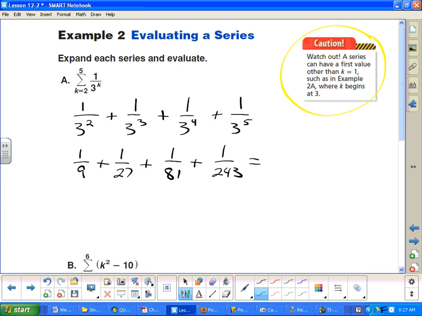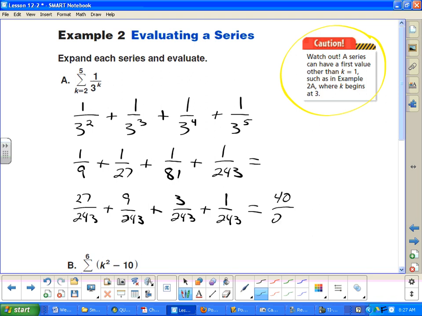Unless you like fractions, then you could get a common denominator and add them up, and you get 40 over 243. Or use your calculator and do it if your brain doesn't work so well.